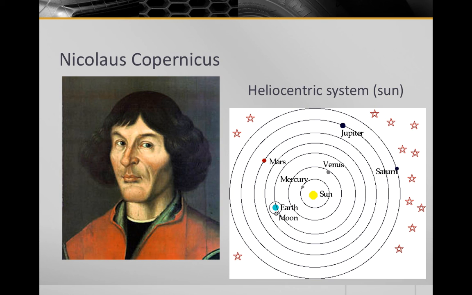And so we want to say, after his name in our notes, that Nicholas Copernicus argued a heliocentric system, which is up on the screen for you, with the sun being the center of the universe.